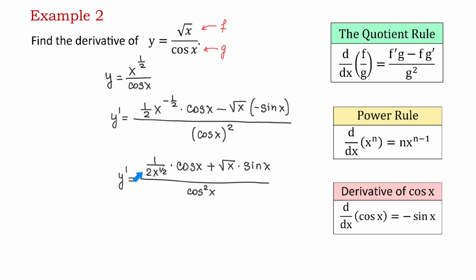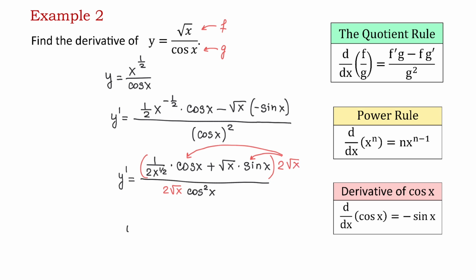And to eliminate this fraction, we will multiply both the numerator and the denominator by 2 square root of x. Then in the numerator we will distribute and remove the parentheses. And because 2 square root of x is the same as 2x to the 1/2, we will cancel them.